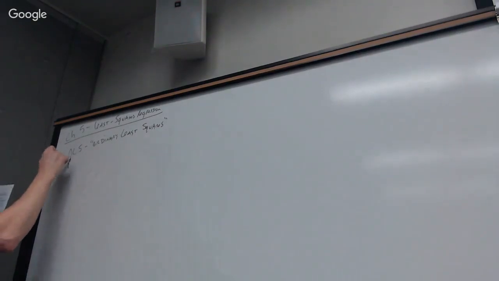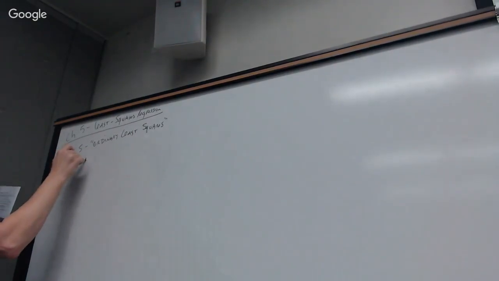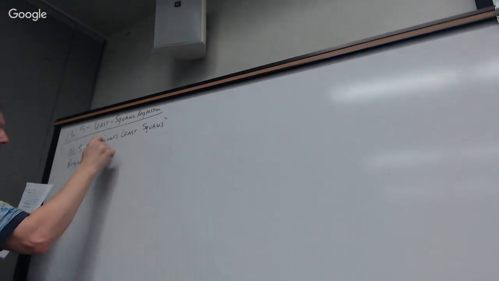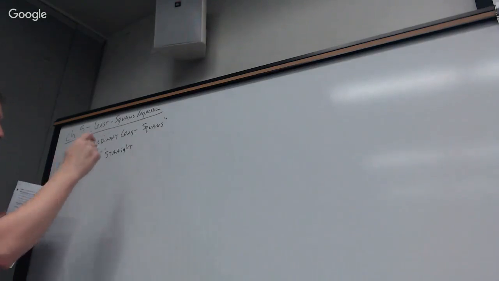Okay? And what it is, so OLS regression, the regression line is a straight line. We're only dealing with straight lines. Obviously, you can have non-straight lines, but in our class, we're only going to deal with straight lines.